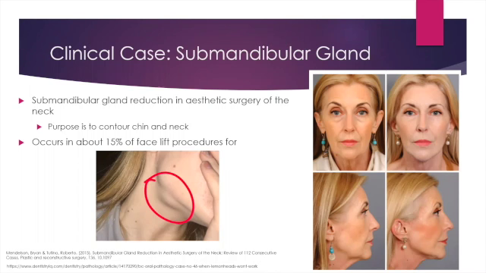Another is a benign submandibular sialosis, which is when the salivary gland has been damaged so much that the saliva leaks in and creates swelling, which can create some cysts in the neck. And in 15% of facelift procedures, they will do this submandibular gland reduction.